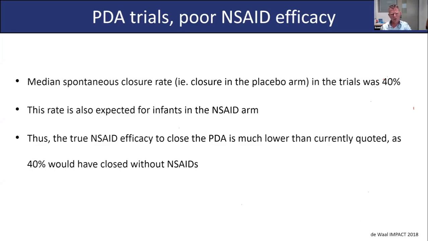So the true NSAID efficacy to close the PDA is much lower than currently quoted. It's usually quoted around 70%, sometimes 80%. But you can imagine that at least 40% of that 70 to 80% would have closed without NSAIDs anyway. So the actual true NSAID efficacy is probably below 50%.